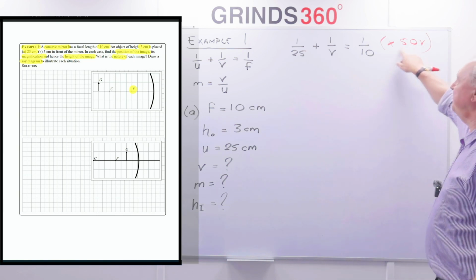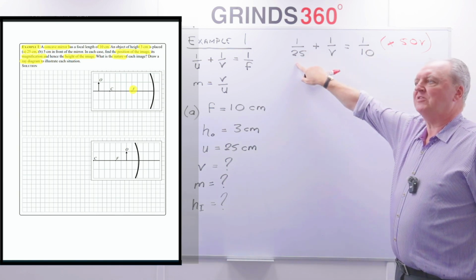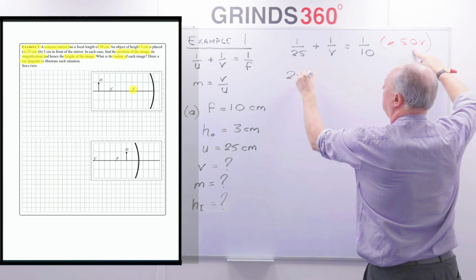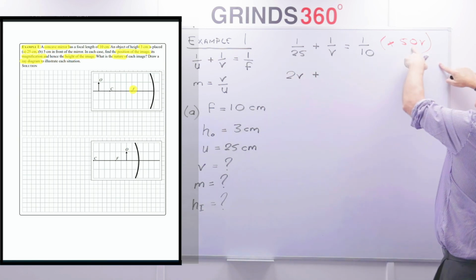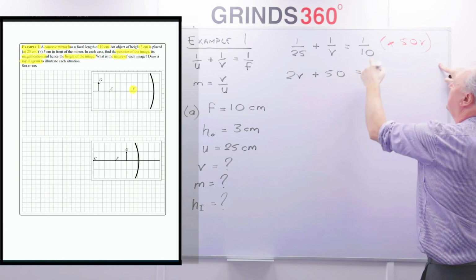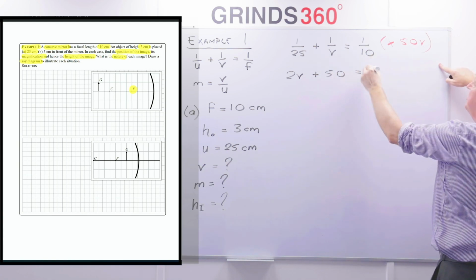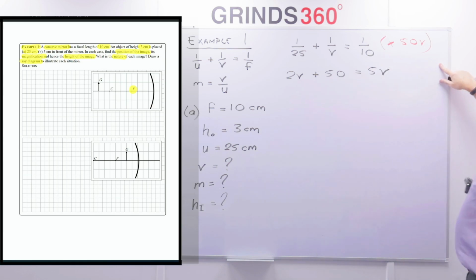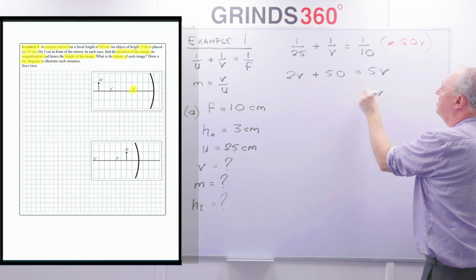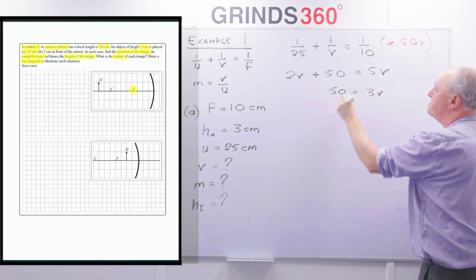So multiply 50V by 1 over 25, and I get 2V. 50V over V is 50. 50V over 10 is 5V. Bring my V's to the right-hand side, and I get 5V minus 2V is 3V, is equal to 50.